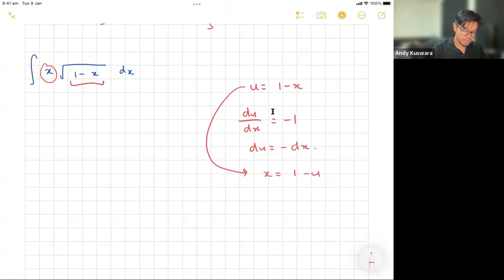Okay, so now that I've got that, let's see what I can actually replace here. This is going to become the integration of x, which I can write as 1 minus u. So there's my 1 minus u. And then that there is just going to be u to the power of half.